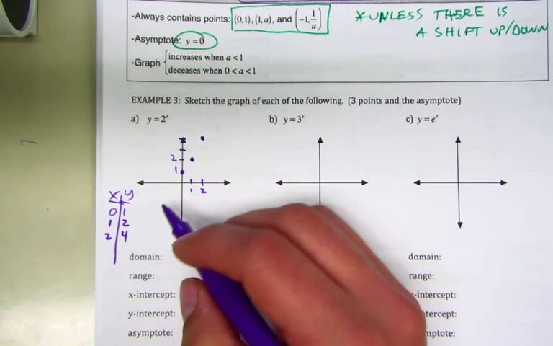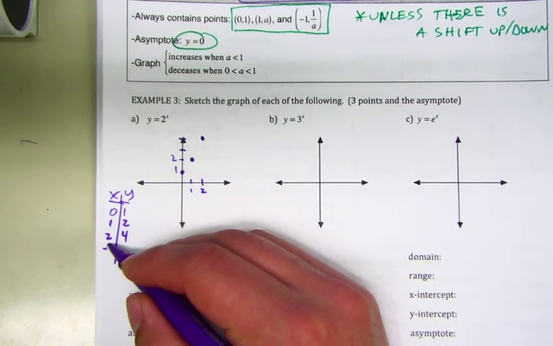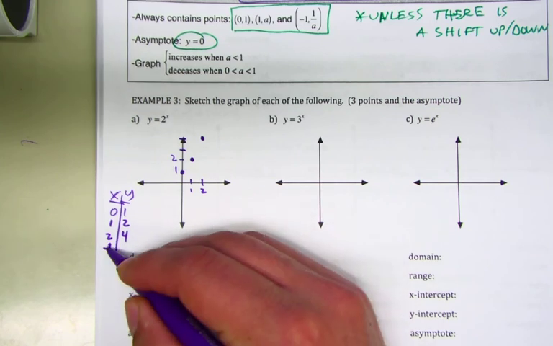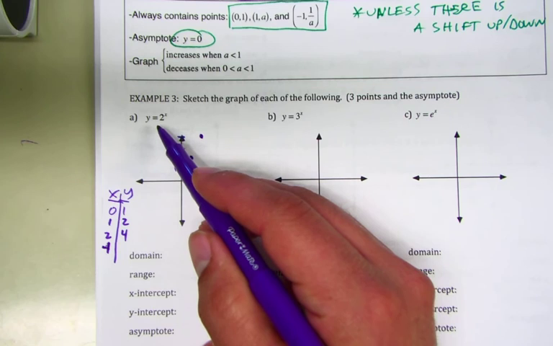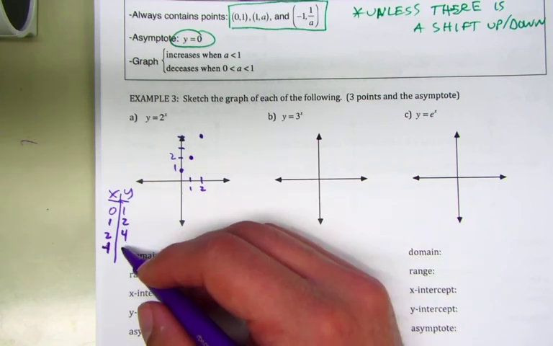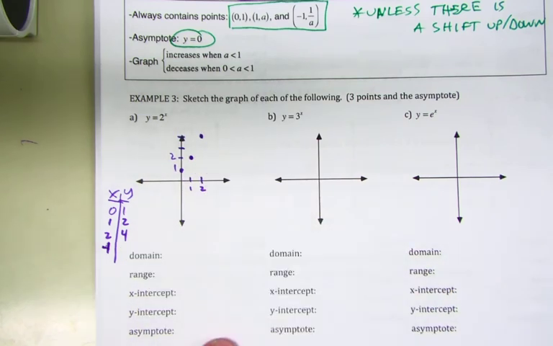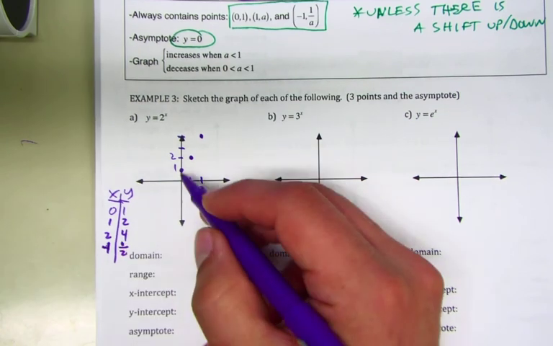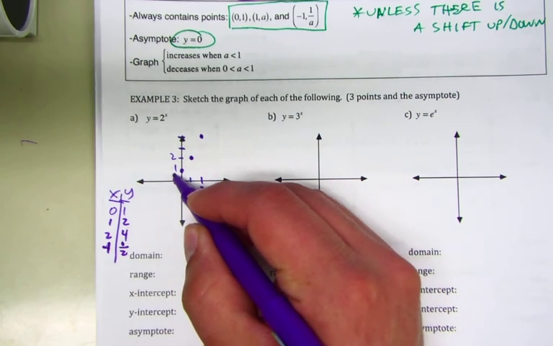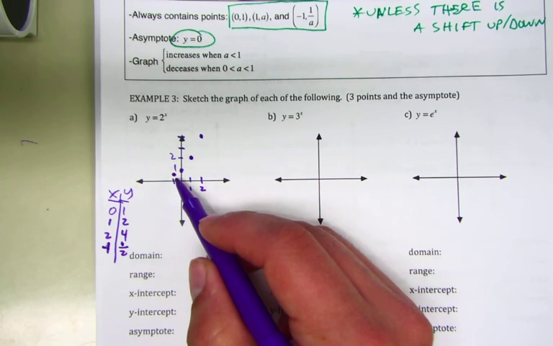Now, let's go backwards. So if I go to -1, 2 to the minus 1, how do I figure that out? You make it a fraction, so it's 1 over 2 to the 1. In other words, 1/2. So now over here, we get closer to 0, right?